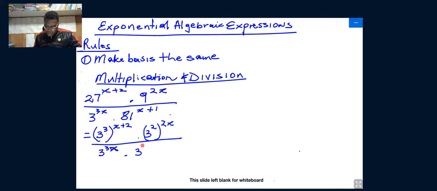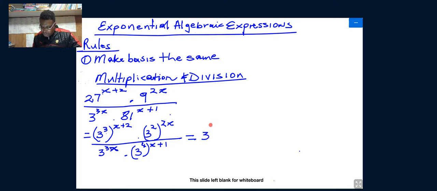We need to express 81 in terms of 3 to the power 4, all to the power x plus 1. I think we got it now. So let us multiply the exponents.